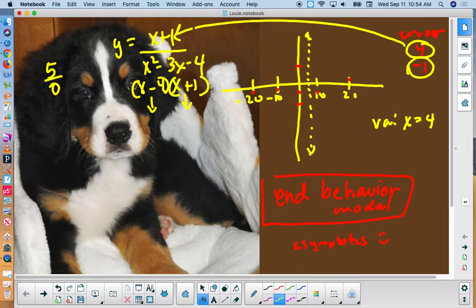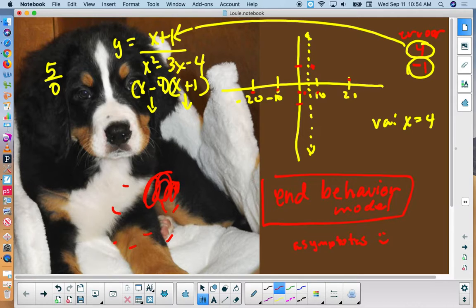Everybody look at your calculators real quickly. Go to the table, fill in 4, do you get error? Okay. Fill in 3. Okay, go back to 3. You got -1. Now go back to 5, you got 1.